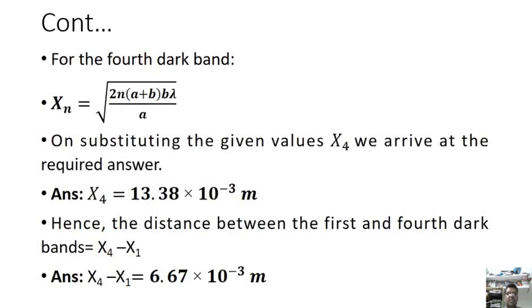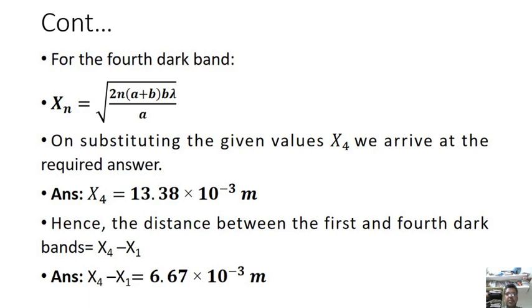Next, the second one is the fourth dark band. Using the same formula, instead of n equal to 1, we substitute 4. On substituting, we arrive at the required answer: x4 is equal to 13.38 into 10 to the power of minus 3 meter.